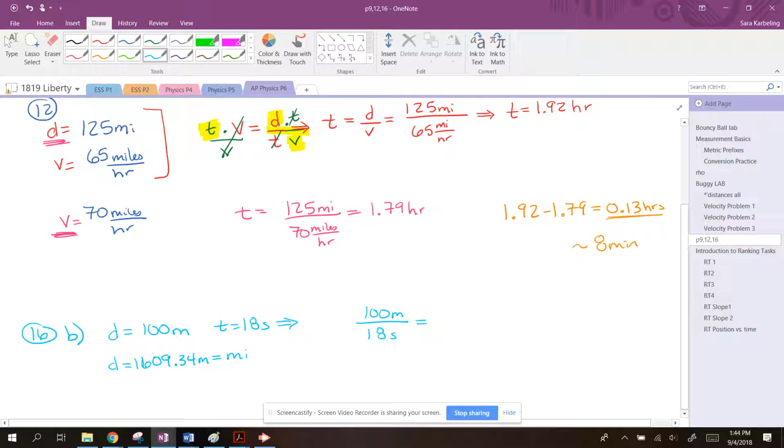Does that seem reasonable? Yeah. 100 divided by 18 is like 5.5 meters per second, 5.6 meters per second. Yep, so 5.6 meters per second times.